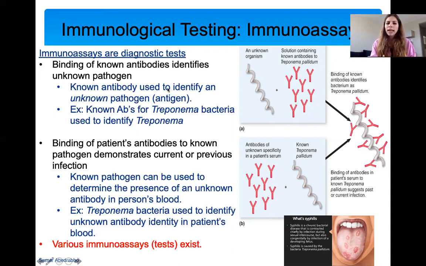So with immunoassays, you can use known antibodies with unknown pathogens or known pathogens with unknown antibodies found in someone's blood. There are many immunoassays, but they all go on the same basis of, does an antibody bind an antigen? And you're going to determine that by different things.